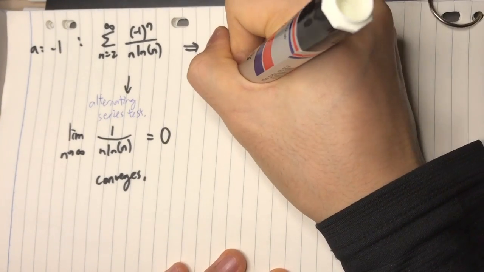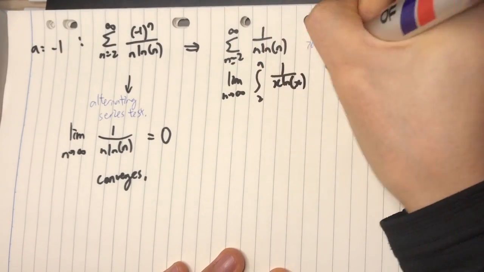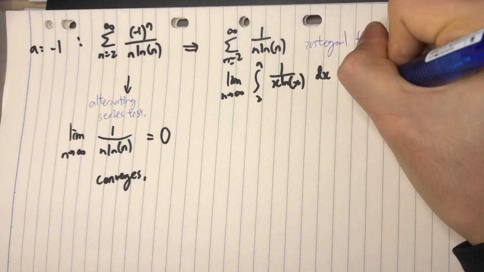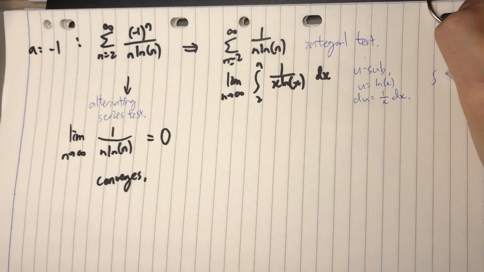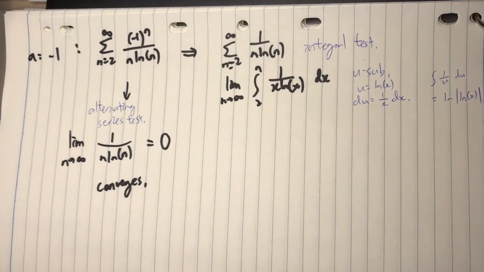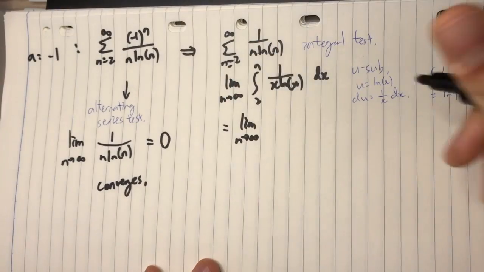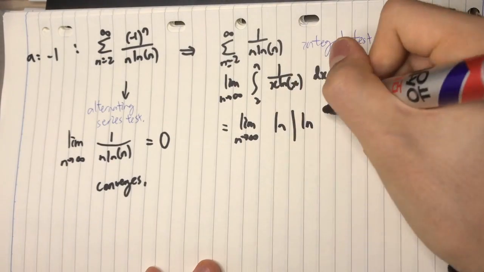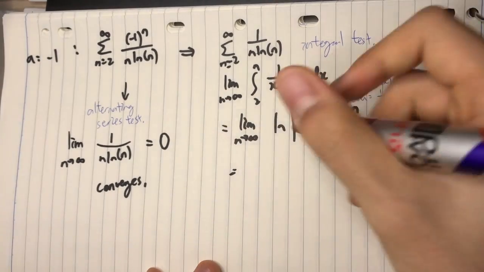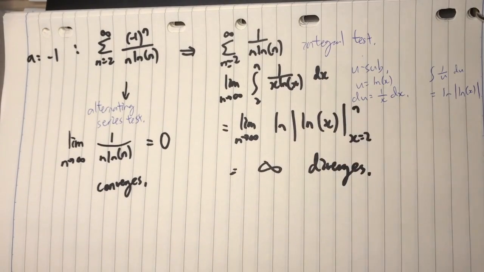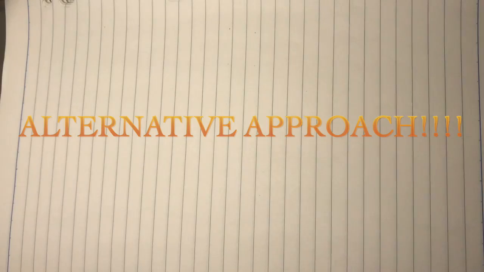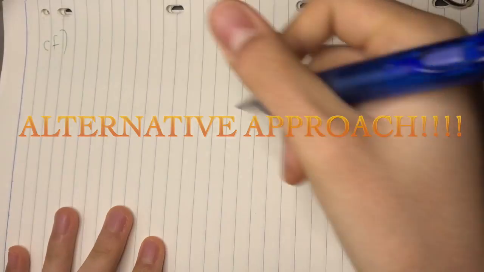And we're going to do the integral test for the absolute value of the series, with the same u substitution process. We're going to get ln of ln x, evaluated from 2 to n, but since the limit as n goes to infinity, the integral diverges, and so we know that the series converges conditionally as a is indeed equal to -1.